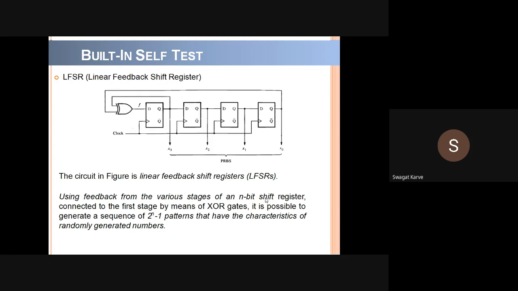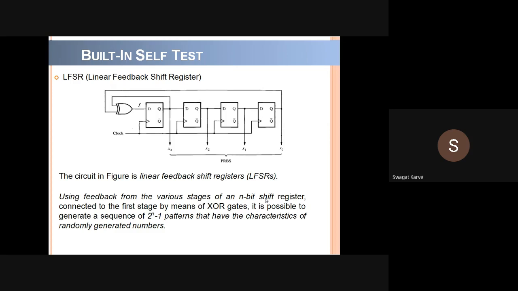There is one simple rule to identify whether a digital, sequential circuit is linear or non-linear: the XOR addition of any two inputs will be a valid input only. Again, I will repeat. Whatever the addition of any two random inputs, if you take the XOR addition of that, the resultant of that XOR addition will also be a valid input to that circuit.